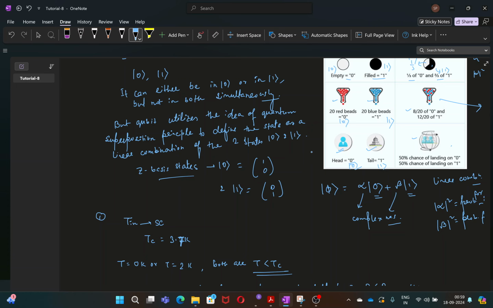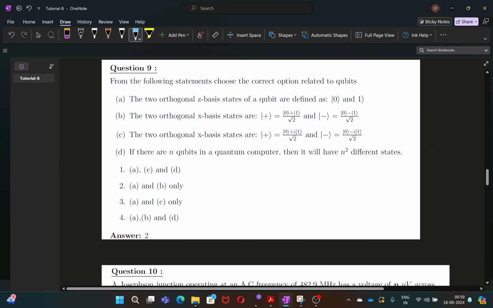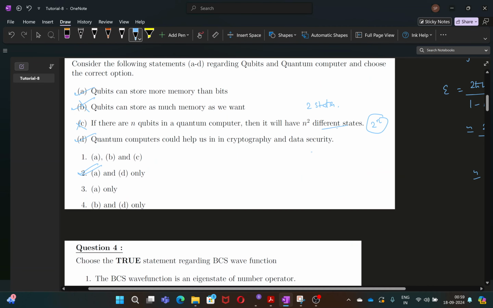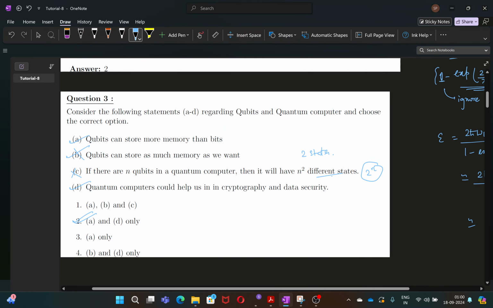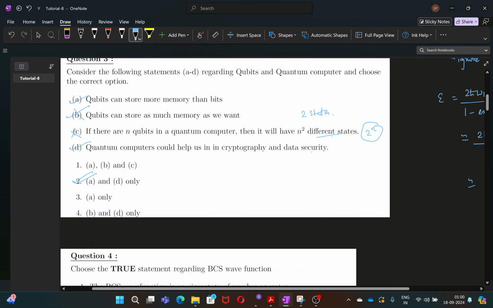Okay, but our question was not about that. Our question was that it can store much more memory than classical bits, obviously, because it can represent a linear combination of two states instead of one, and because of that it can carry much more information than bits.